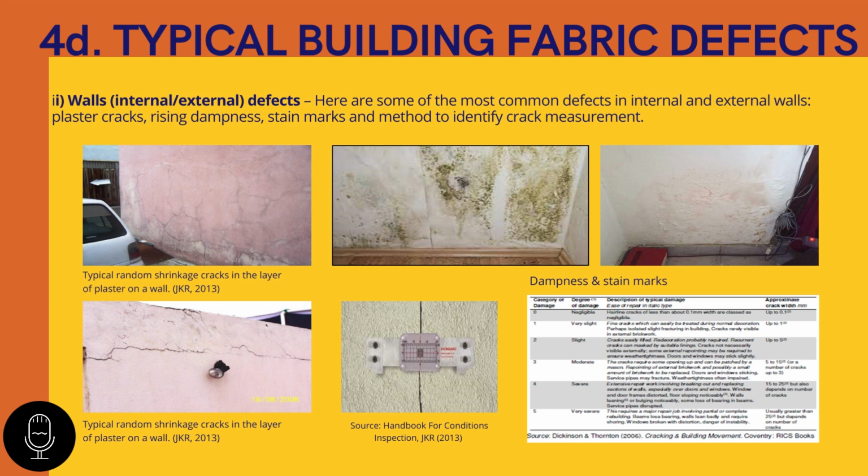Based on the photo by JKR 2013, a typical random shrinkage crack was identified in the layer of plaster on a wall. Next, these are dampness and stain mark symptoms that occur in the most common wet areas. After that, we move to the next photo, where a shrinkage crack was identified in the plaster along the interface between beam and brick wall.